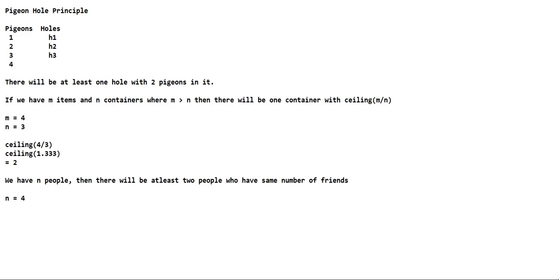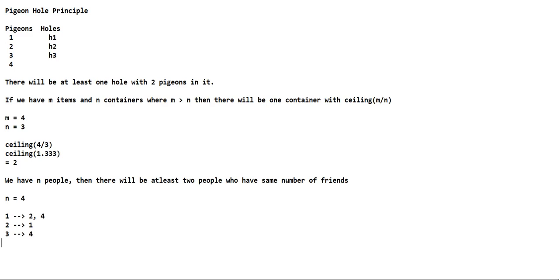Let's take one example. So person number 1 is friends with person number 2, and is friends with person number 4. Person number 2 is friends with person number 1 and person number 3. Person 3 is friends with person 4.